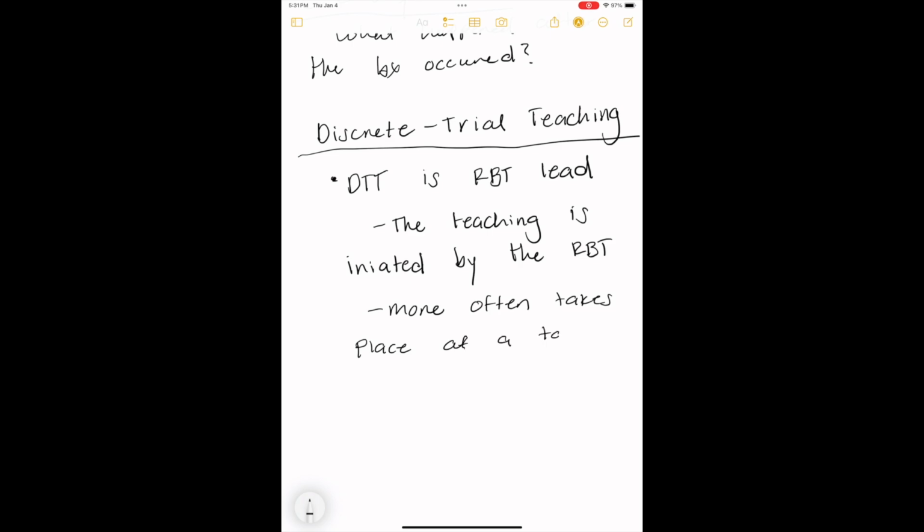Now, you as the RBT have to condition table time to be fun. Because if you're only ever teaching at the table, if you're only ever doing DTT at the table, your learner is going to find the table very aversive at some point, unless they really enjoy learning, right?